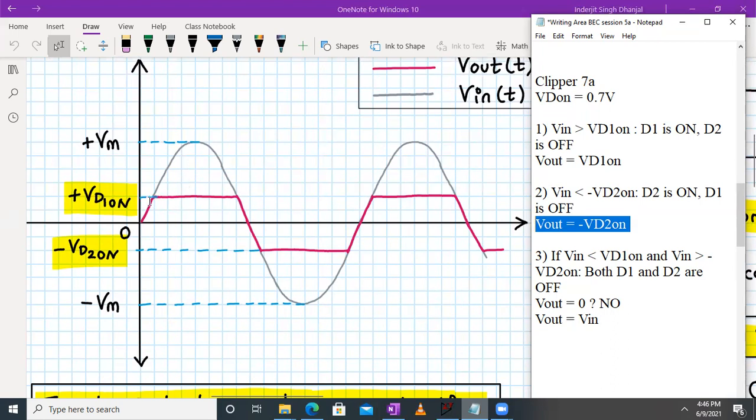And if V in is less than VD1 on and greater than minus VD2 on, both the diodes are off and my output follows the input, as you can see. The magenta color and the gray color waveforms are overlapping basically. That means output is following the input whenever both the diodes are off.